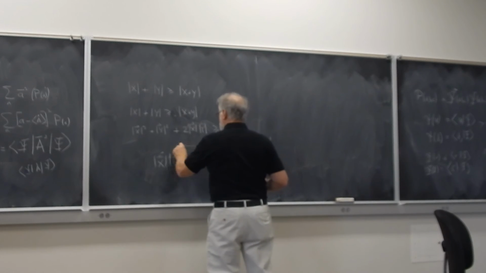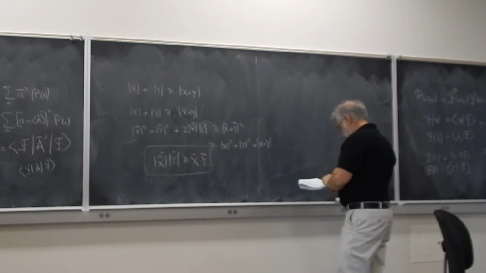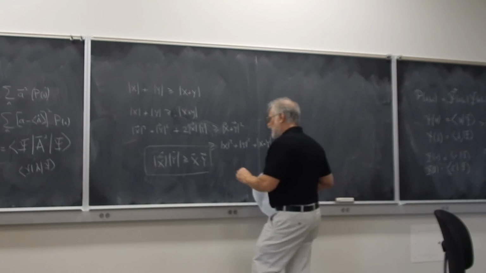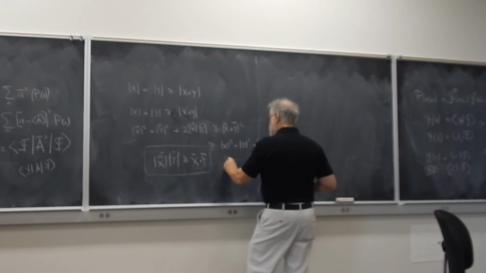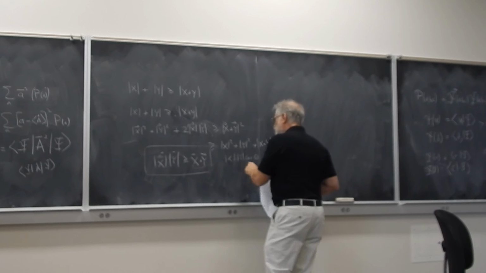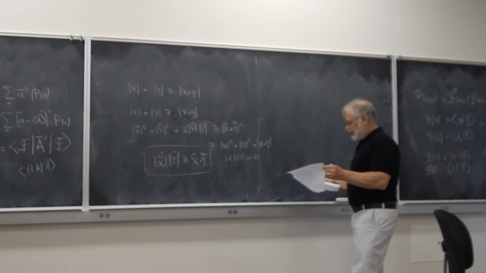This is another form of the triangle inequality. And it's not really a surprise because this quantity x dot y is like saying magnitude of x, magnitude of y times the cosine of the angle between them, and the cosine can never be greater than 1. So this kind of makes sense.